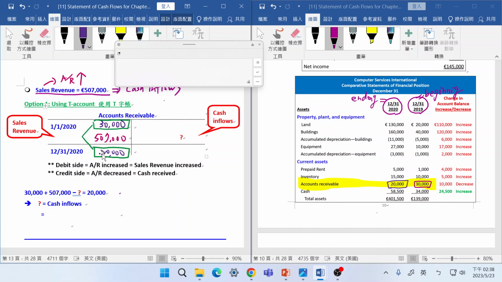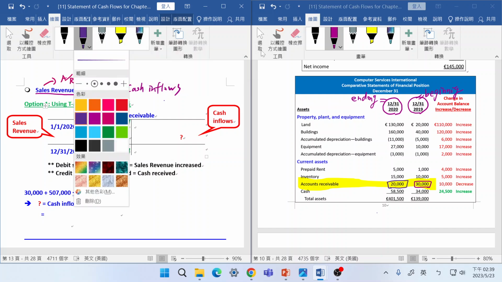How much? Yes, from your sales revenue. Okay? So what's the reason that made your accounts receivable decrease? Accounts receivable decrease because you got the cash from customers, right? So that made your accounts receivable decrease.